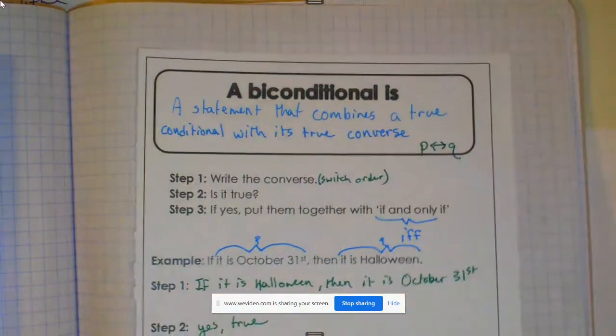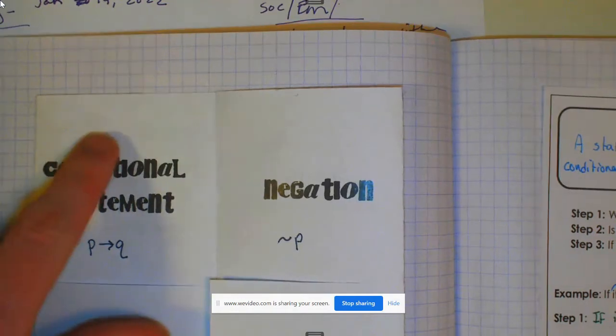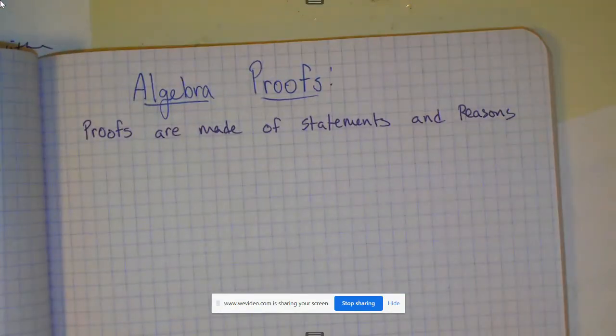It supports this conditional statement right there.